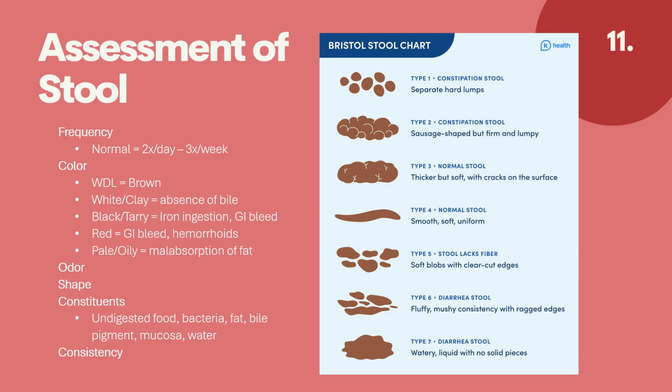So the color, typically we're going to see a brown, that is normal, and that's due to that bilirubin breakdown in the GI tract and being excreted out of the body. If somebody has clay or like a gray color stool, that may indicate a lack of bile. So is there a possible biliary obstruction or liver disease? Black tarry and red.